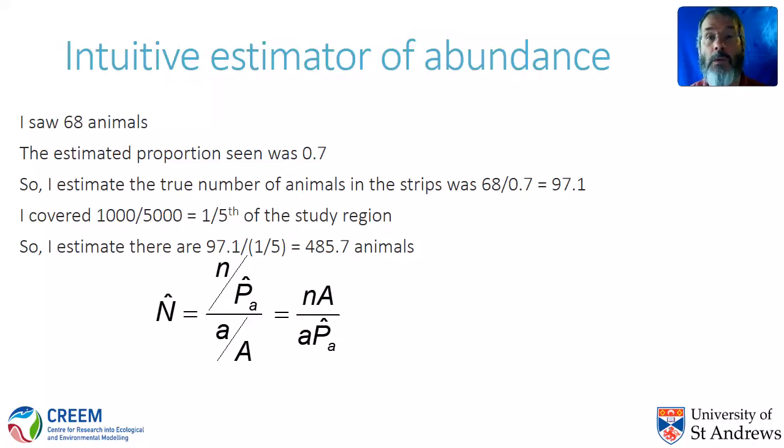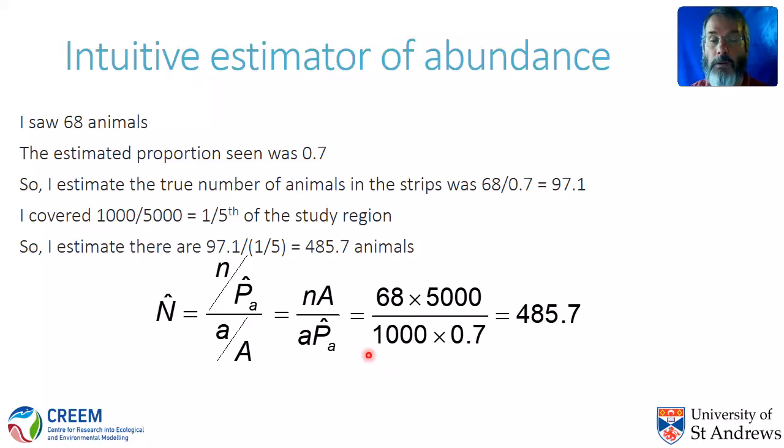And so if it was equal to 1, meaning that we saw all of the animals inside those green regions, then we didn't need to explicitly state it. So now that this proportion of animals inside the covered region detected is not equal to 1, we have to include it in our formula explicitly, as we do here.